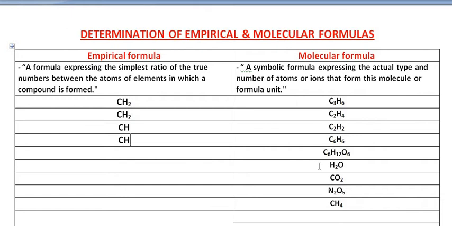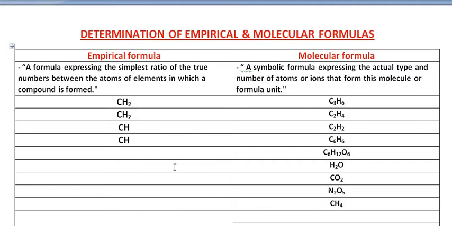The water formula is a molecular formula of water. If you want to get the empirical formula of water, H2O, there is no common factor between 2 and 1, so it's the same.